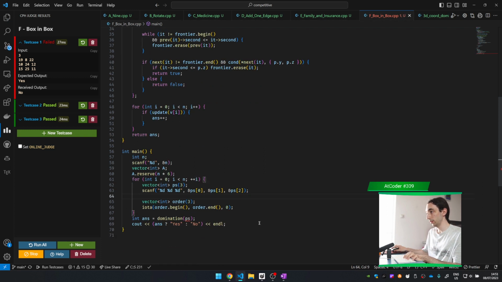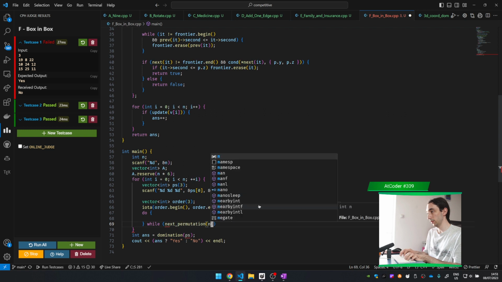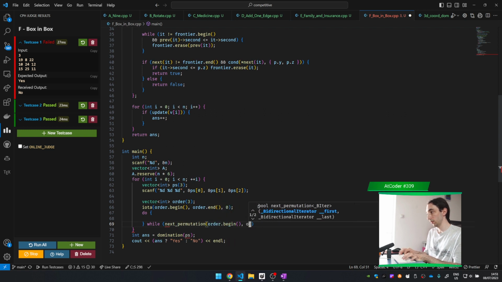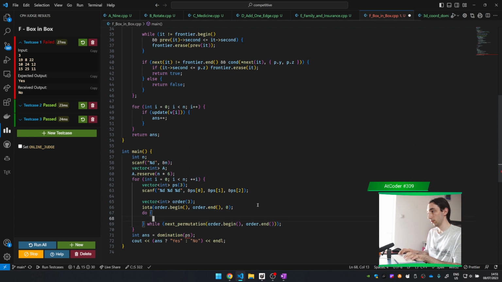So we read the points and then we say do while next permutation, and then we say a dot pushback.